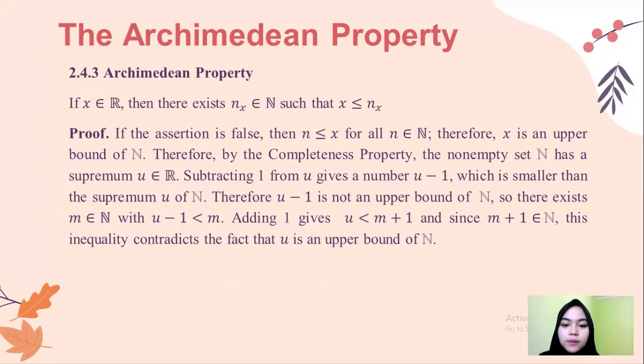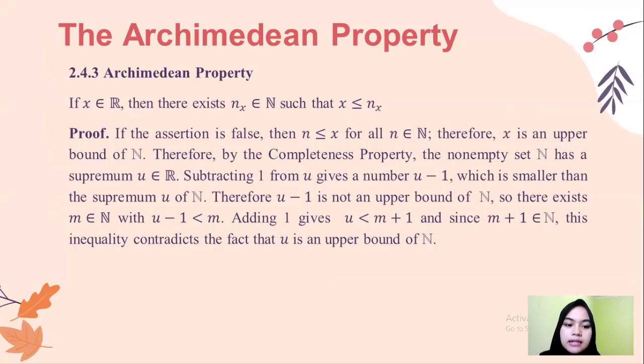Therefore, by the completeness property, the non-empty set N has a supremum u, an element of the real numbers. Subtracting 1 from u gives the number u minus 1, which is smaller than the supremum u of the natural numbers. Therefore, u minus 1 is not an upper bound of the natural numbers.